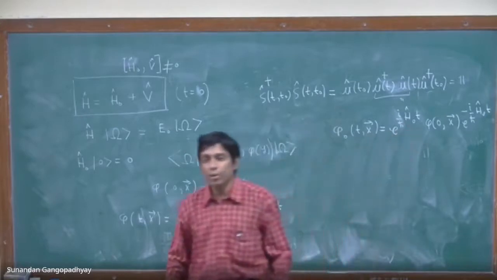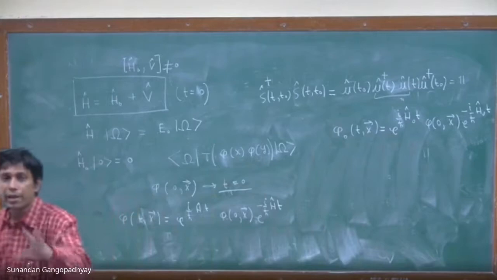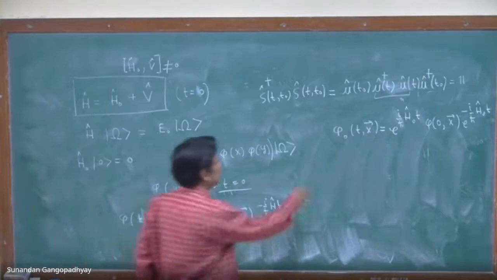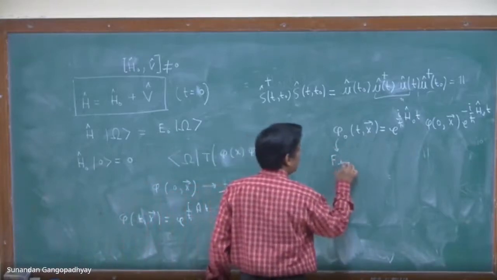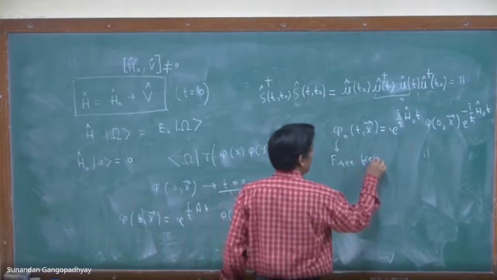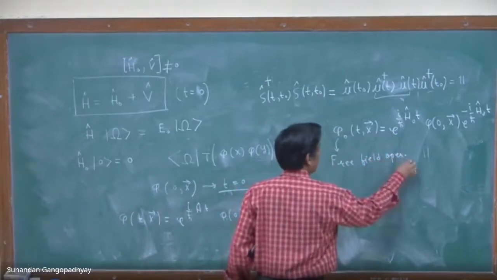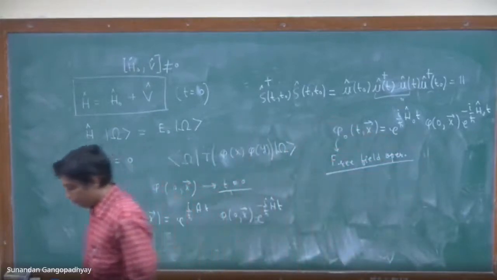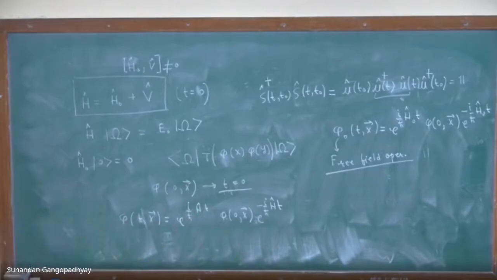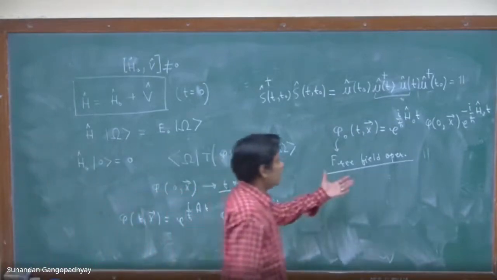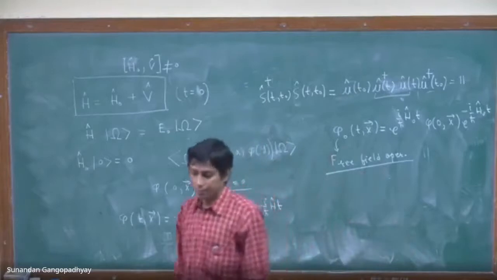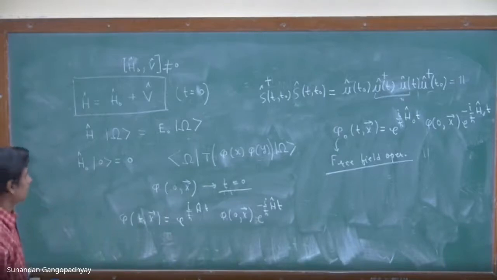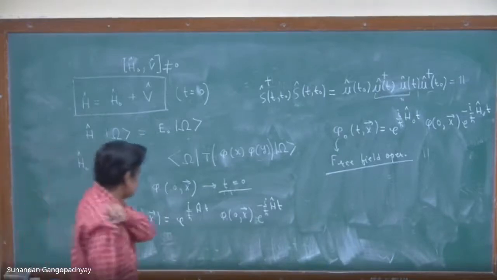So it evolves via the free field operator H hat naught. This operator we shall call the free field operator, because this is the operator which evolves via H hat naught. This is the free field operator or the operator in the interaction picture. Is it okay? Is this point clear?